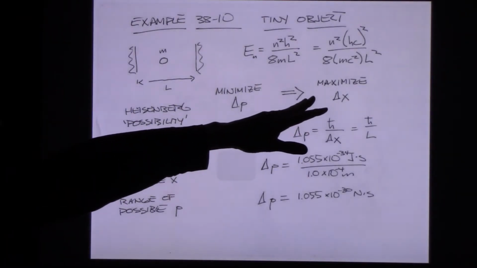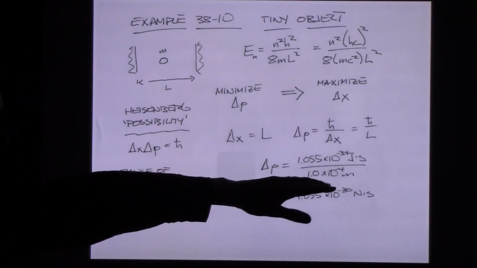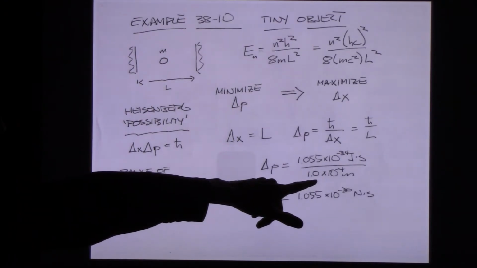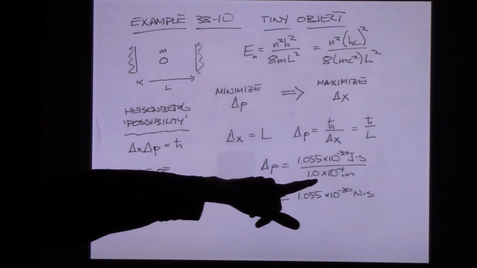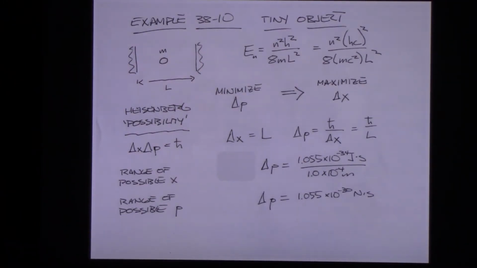If delta x is limited to 1.0 times 10 to the minus 4 meters, that means the bacterium can't have a fixed momentum of 0. It's got to have at least a little bit of a range of possible values for that momentum.